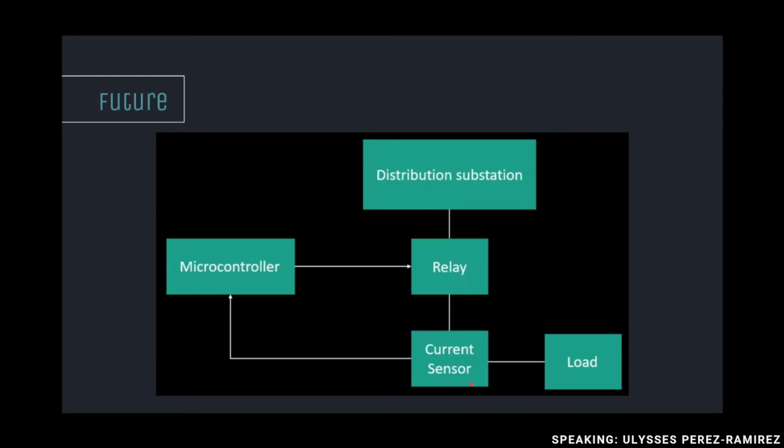The microcontroller has a threshold value, where it would open the relay when the current sensor measures a value that hits that threshold. Once the threshold is met, the relay will open and no more current will flow through, thus providing protection for the distribution substation.